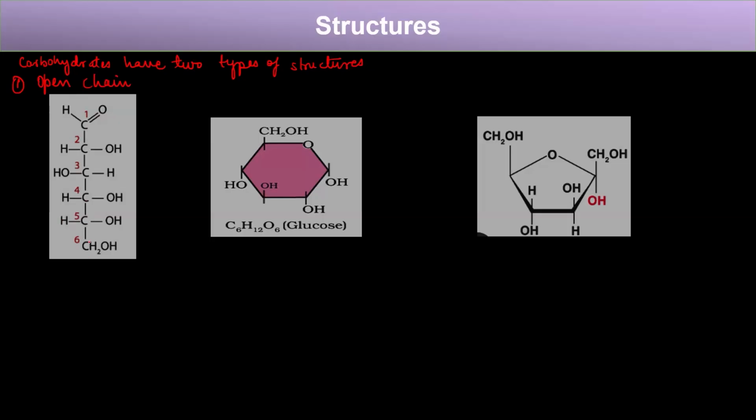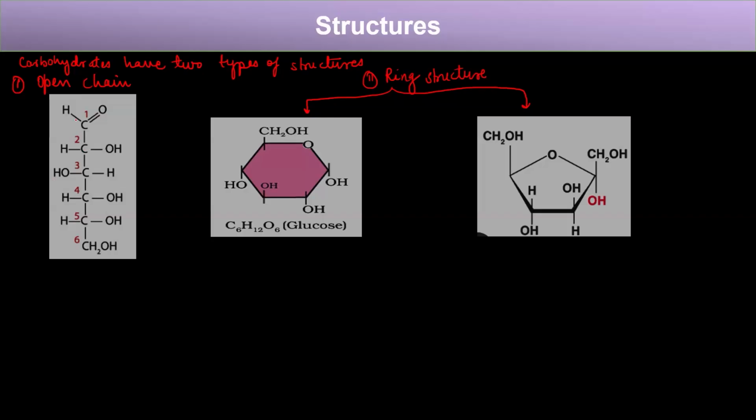It is a linear chain structure. And the second type is the ring structure. Now, in the ring structure also, it has 2 types based on the type of ring. So we are seeing here 2 different types of ring. Okay. So first, let's see open chain.